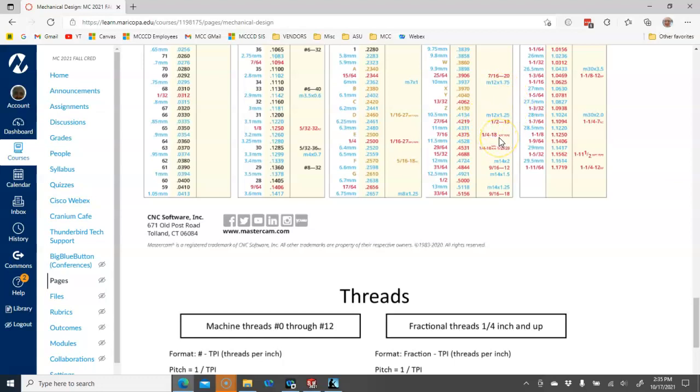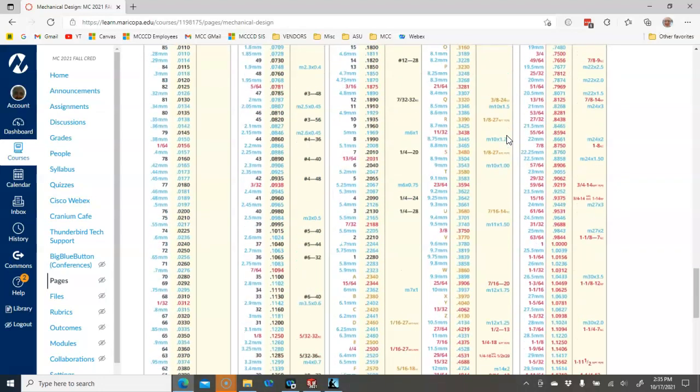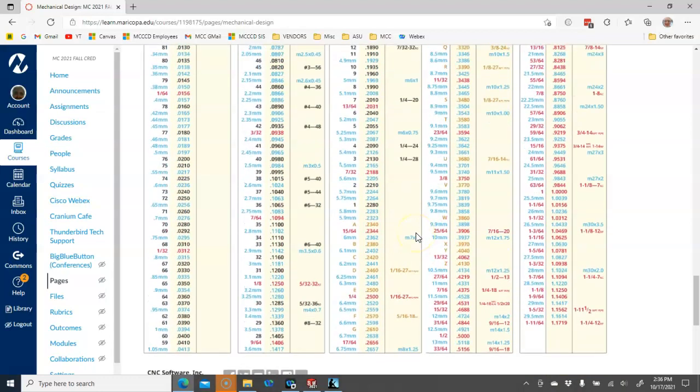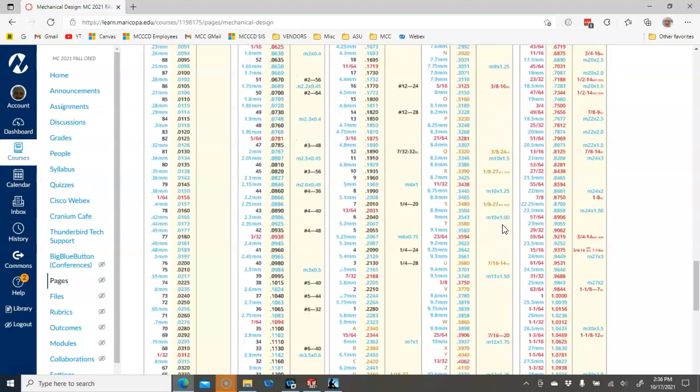Then we go half 13 and quarter 18 NPT. So tapered pipe fits. I think I jumped over then the 16th and the 8th. So there it is, 16th 27 and 1/8 27 for the tapered national pipe threads.